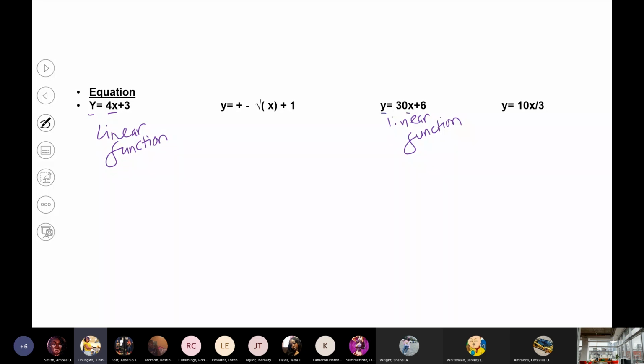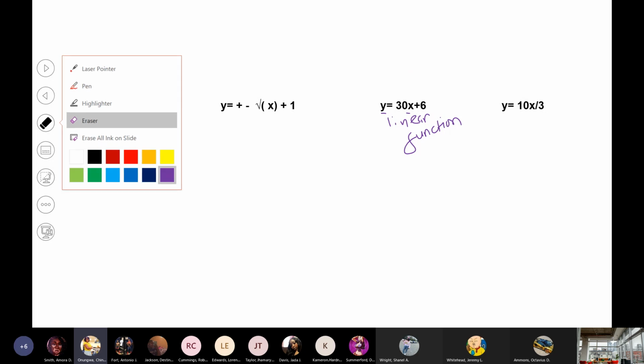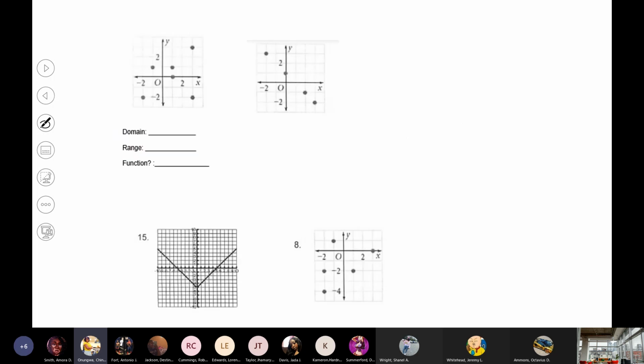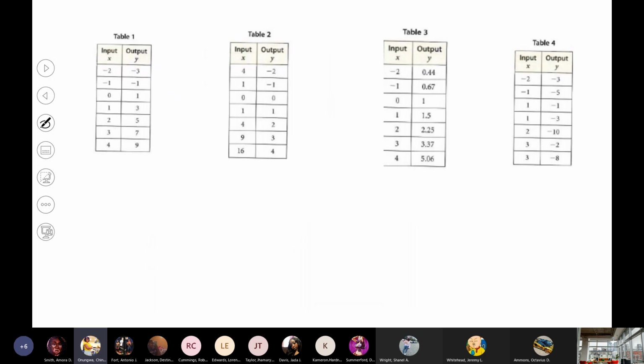I just have one x and one y. If I had x squared, then it wouldn't be. That's a quadratic, and I'm going to have you guys draw the graphs for those. As long as it has one x and one y, it's a line. It's not only a function, it's going to be a linear function. It's a function with a constant slope, or a function whose graph is a line. I just had to go to that because that's going to be on your test too.